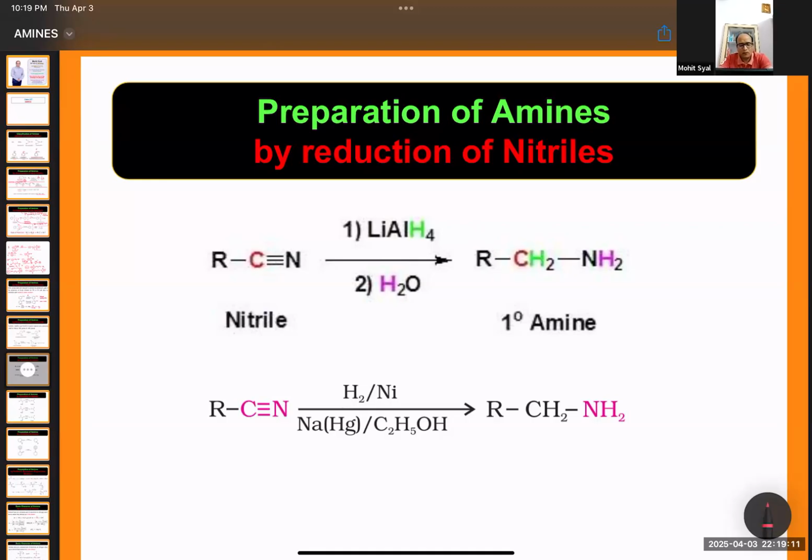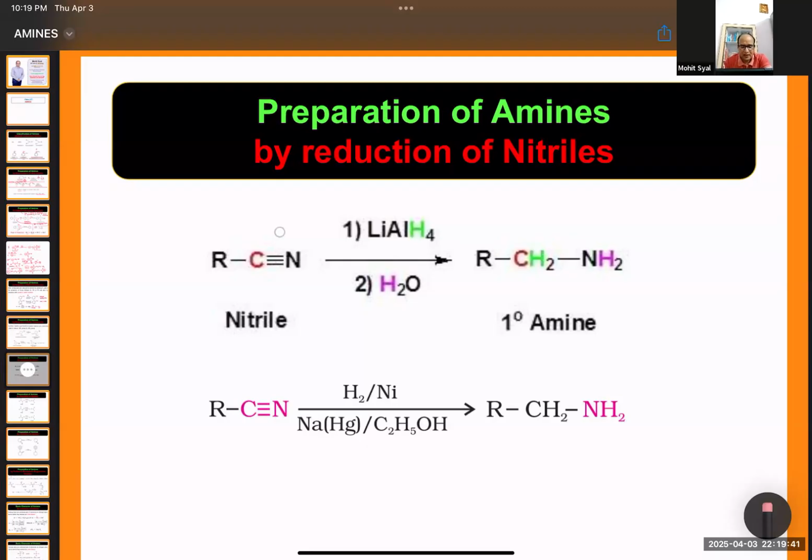The most common of all are the nitriles or the cyanides. So nitriles already have carbon and nitrogen. You just have pi bonds, multiple bonds, which you can reduce by lithium aluminum hydride, which I already told you is the strongest reducing agent. Okay. And you get CH2 and NH2.